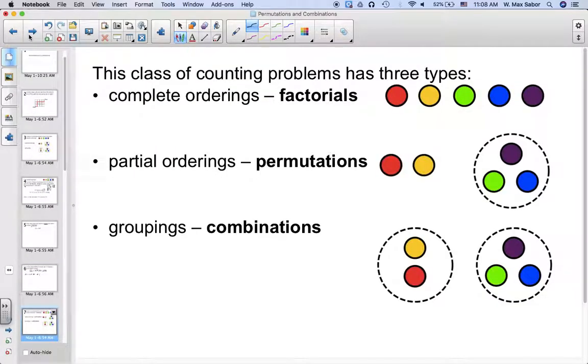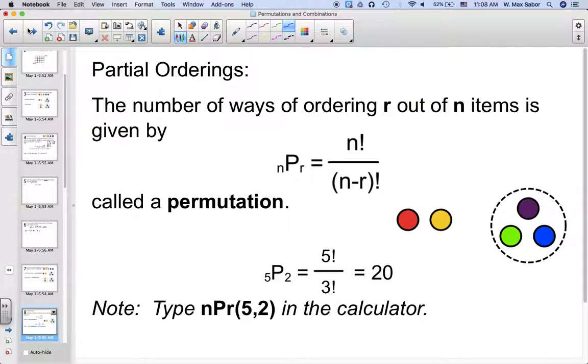So, complete orderings we do with factorials. That's what we've done so far. But if we just want to look at part of the set, if we just want to order 2 things or group them, we use permutations and combinations. So permutations, partial orderings, are given by permutations. If you choose 2 items, R would be 2 here, and n would be 5 here.